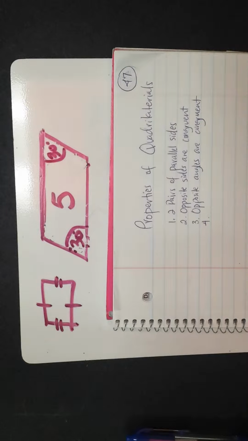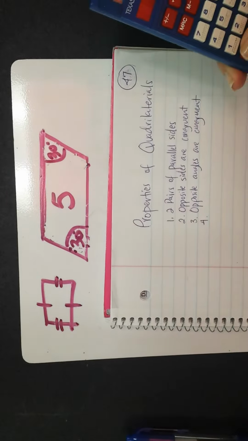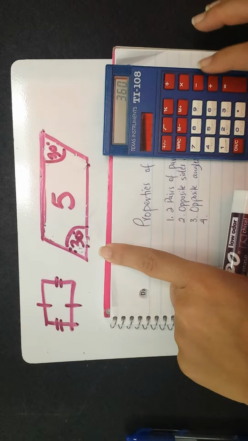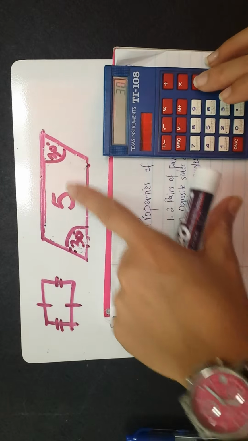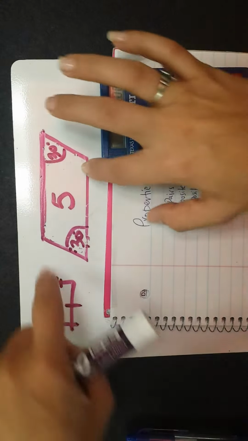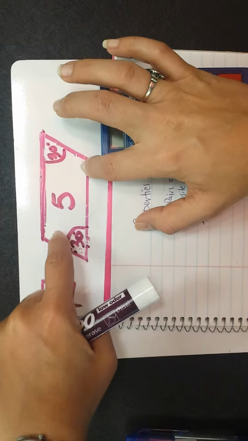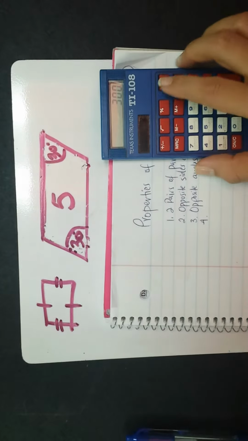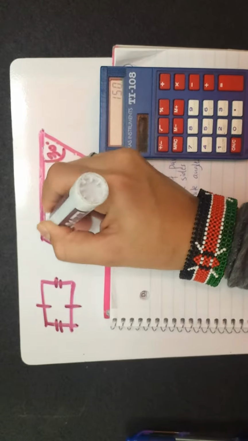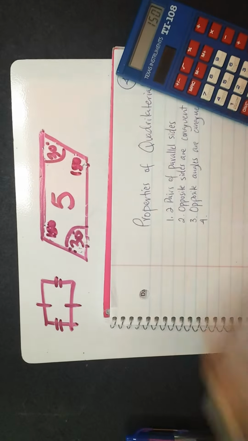That's right, 360. So 360 minus, I already have 30, and I already have another 30. So now I have 300. But remember, opposite angles have to be congruent. So because they have to be congruent, I have to take that 300 and divide it by 2, which is going to give me 150. 150 there, 150 here.